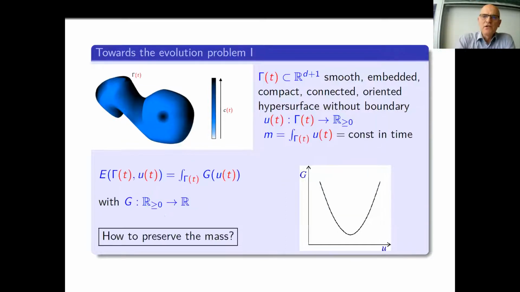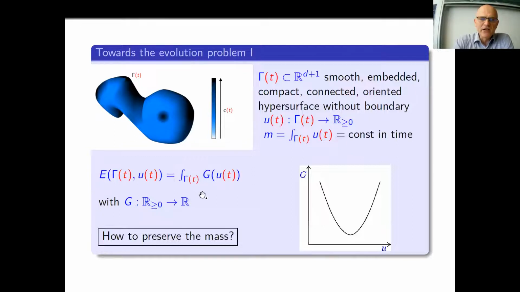So I would like to look at evolutions: Gamma(t), which evolves, and u(t), which is the quantity on the surface, which is now also time dependent, but on different domains of definition because the surface will change during the flow. But I would like to keep, for physical reasons, the total mass constant.